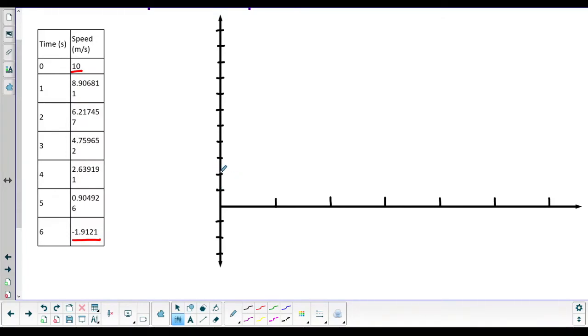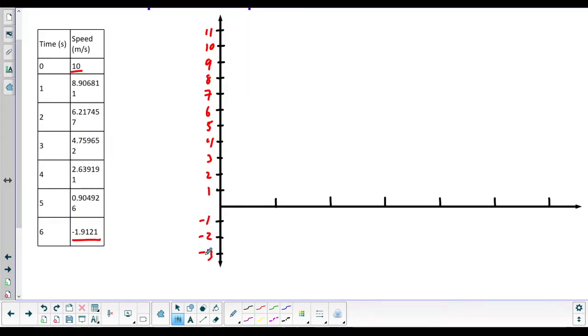So this goes 1, 2, 3, 4, 5, 6, 7, 8, 9, 10, 11. Let's just go by 1. So 1, 2, 3, 4, 5, 6, 7, 8, 9, 10, 11, and then -1, -2, -3.